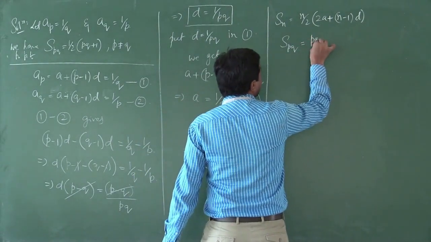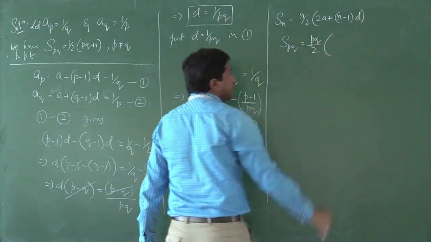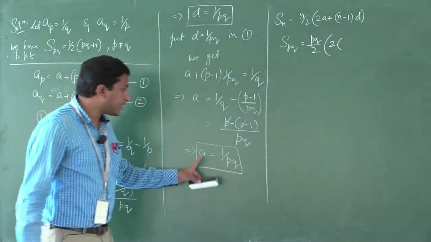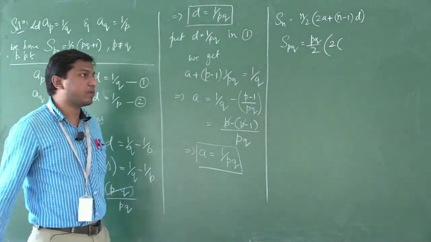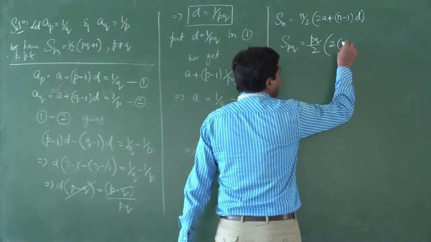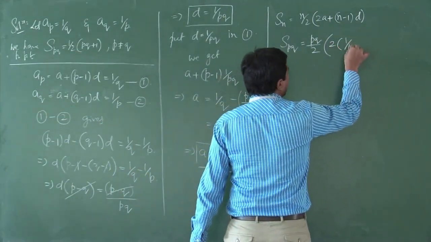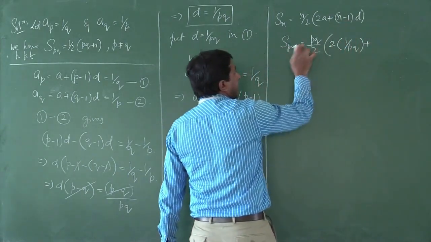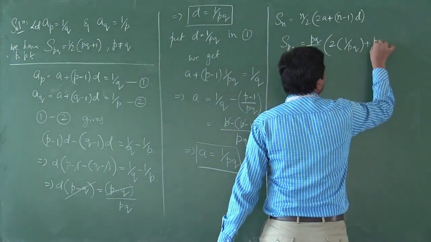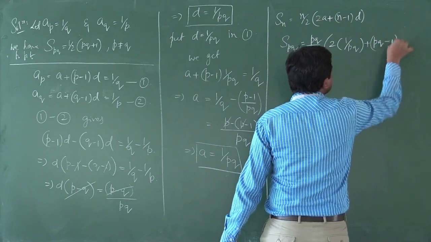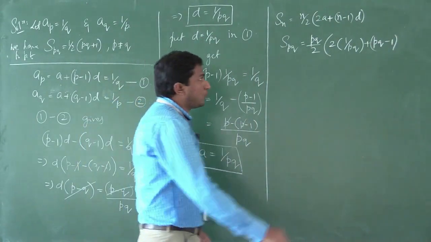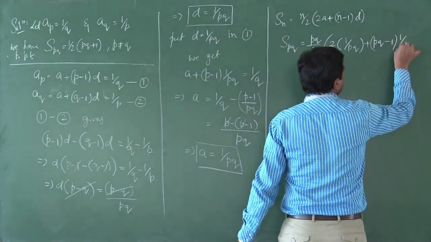So we get pq by 2 into 2a. What is the value of a? Just now we found out the value of a to be 1 by pq. I substitute here 1 by pq plus n, n is again pq, pq minus 1 into d. d value is again 1 by pq.